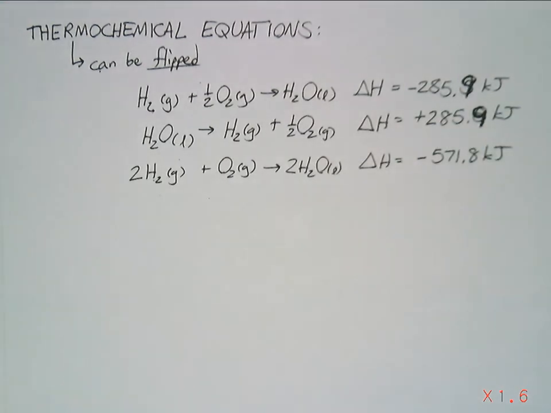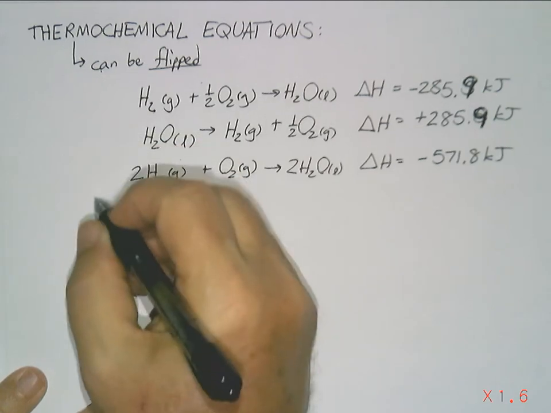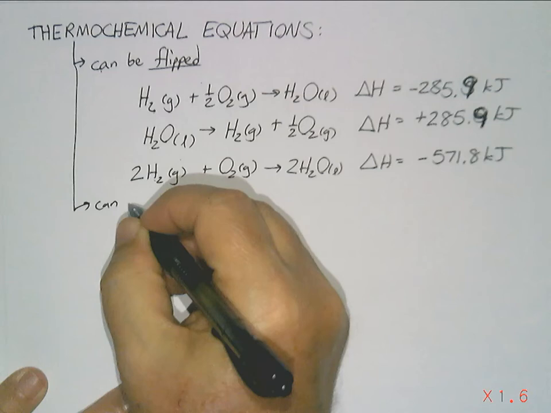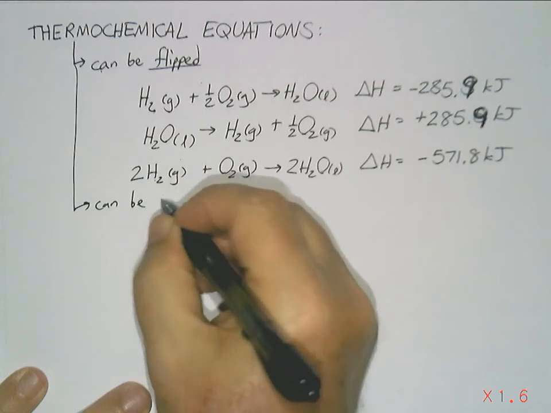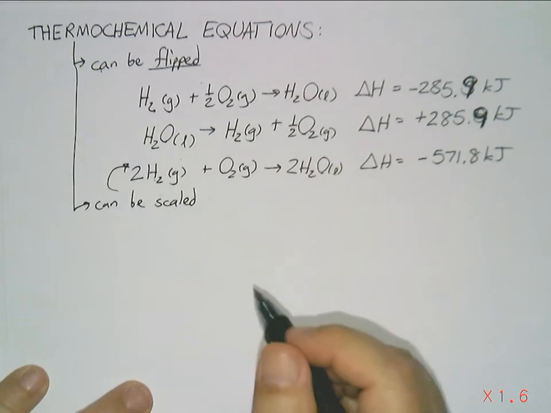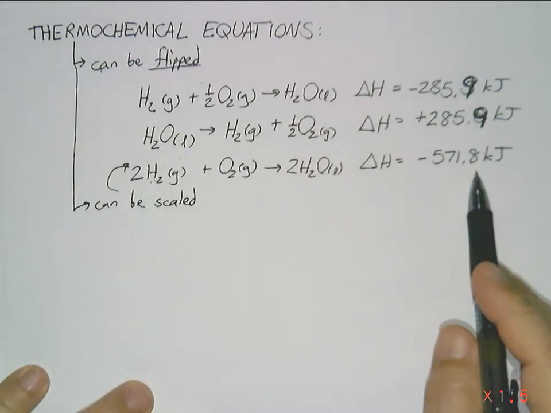Okay. So reactions can be scaled. Thermochemical equations can be scaled. And that's what we were doing here. We scaled this up by a factor of 2, so you also have to scale up your delta H by a factor of 2. Okay?